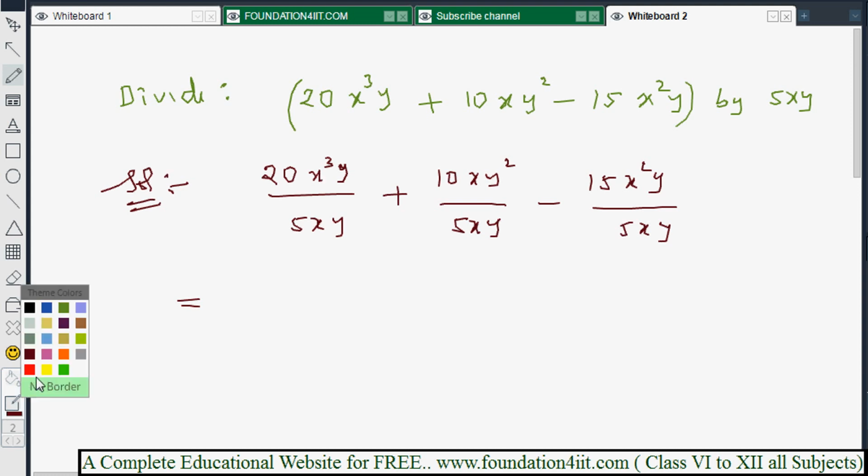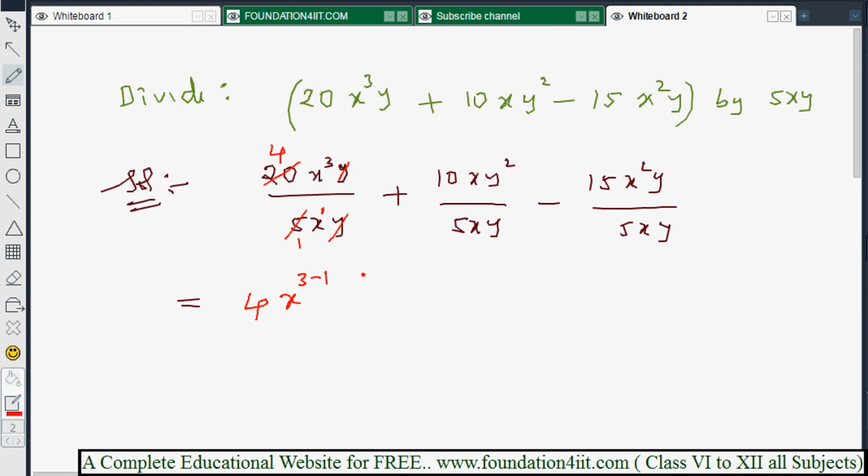Any cancellations there, you can cancel here. 5 ones are 5, 5 fours are 20, you can cut it, right? The y cancels also, the same power you can cancel, no need to expand more. Then x to the power 3 minus 1, because x to the power 1 has no written power. Okay, plus, 5 ones are 5, 5 twos are 10, the 5 cancels, and x you can remove.